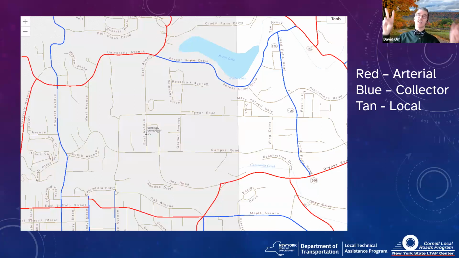So everything else is technically local. But if you're Cornell University, you actually manage most of the roads inside of that blue and red semi-rectangle, with a couple of exceptions maintained by the city or the town. The city is the dark gray and the town is the white.